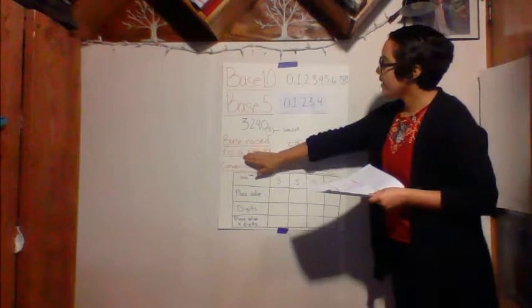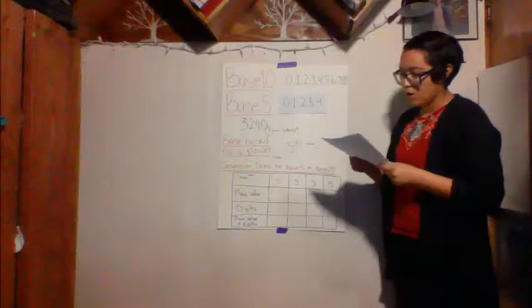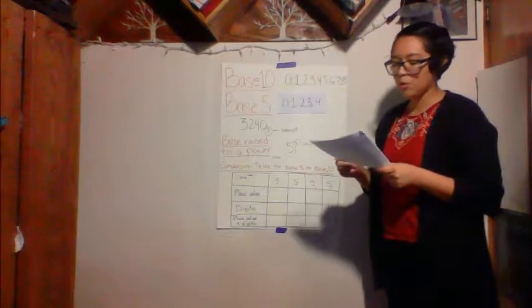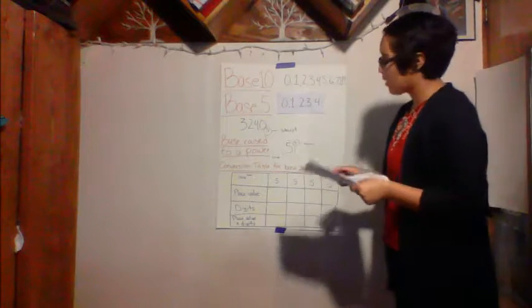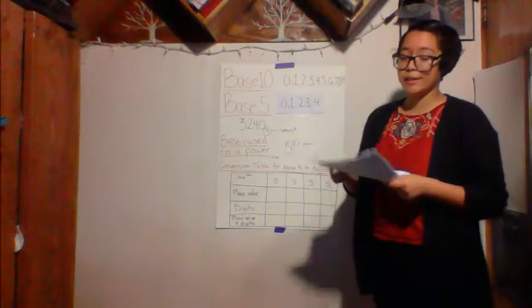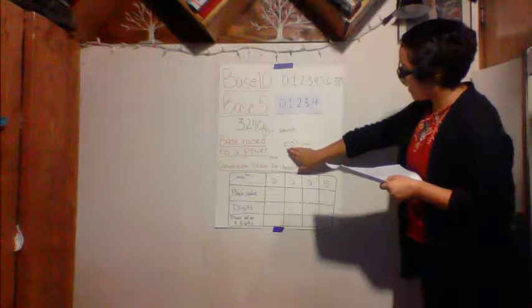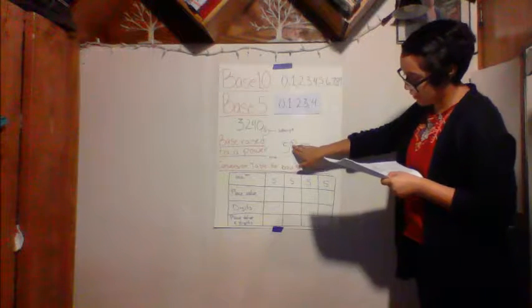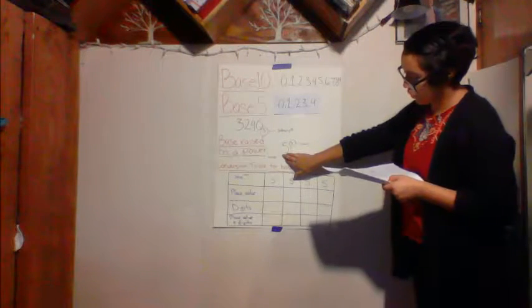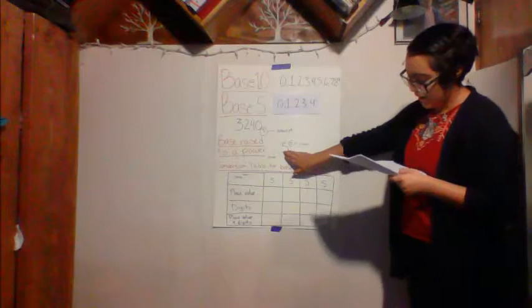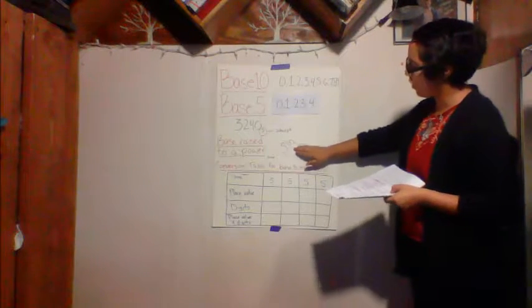Now, base raised to a power. We need to use a math symbol that we're not familiar with yet. It's called a power, also known as an exponent, and it works like this. So we have 5 power 3. The big number, 5, is our base number, and 3 is the small number, our power.